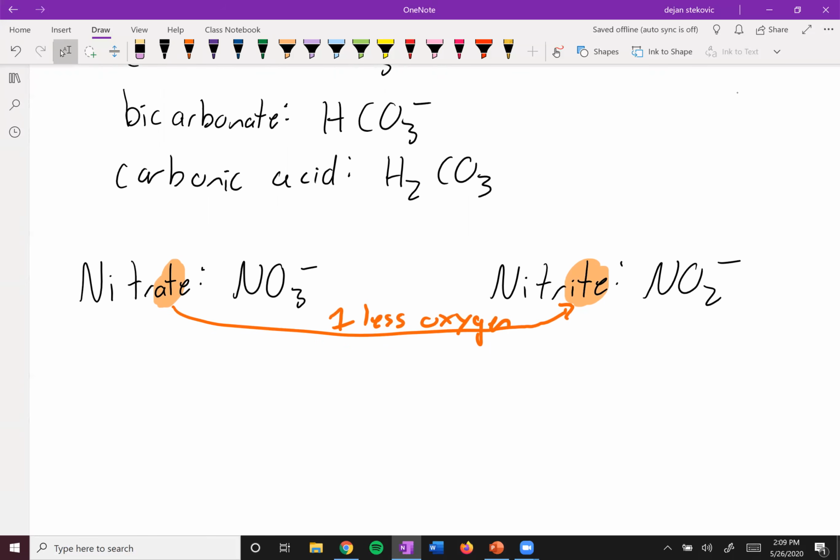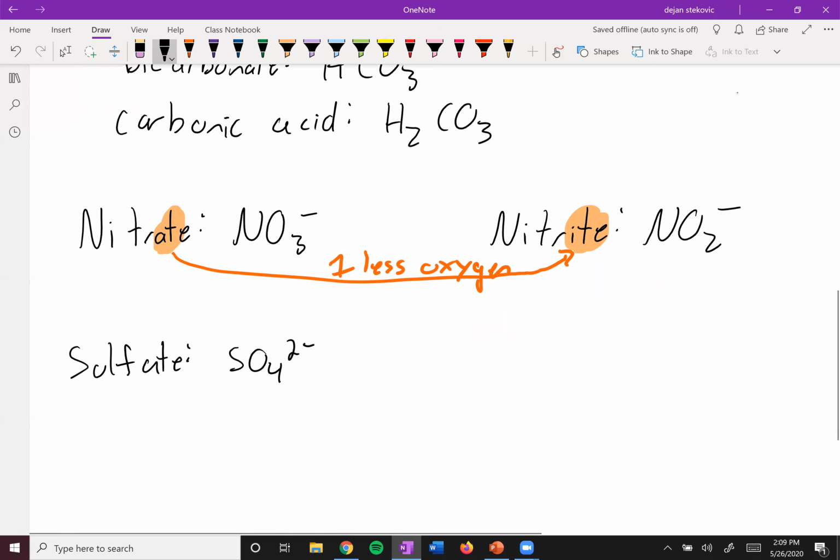So nitrate has 3, while other times you have something like sulfate, which is SO4 2 minus. That one has 4 oxygens. But then you know sulfite is SO3 2 minus. Notice that the charge stays the same. But going from ate to ite, we lose 1 oxygen.